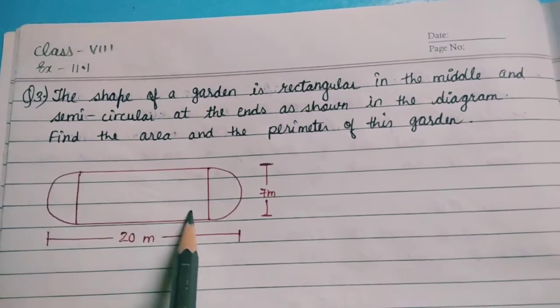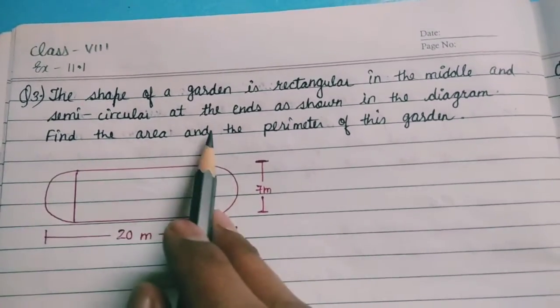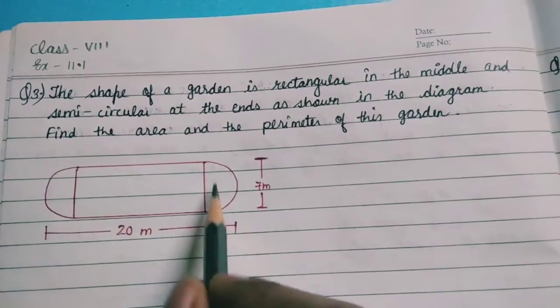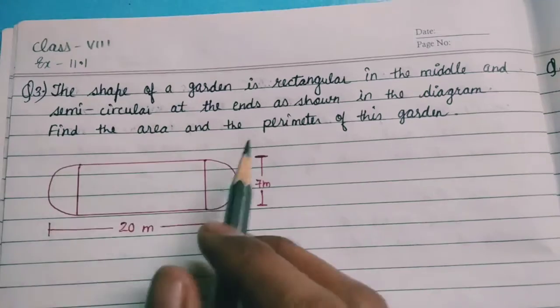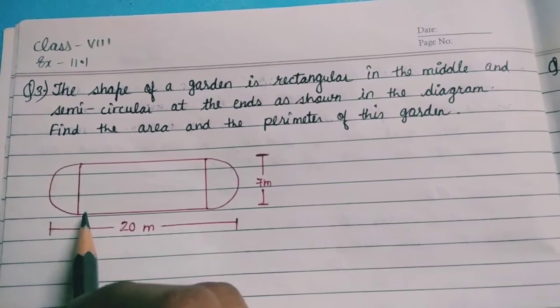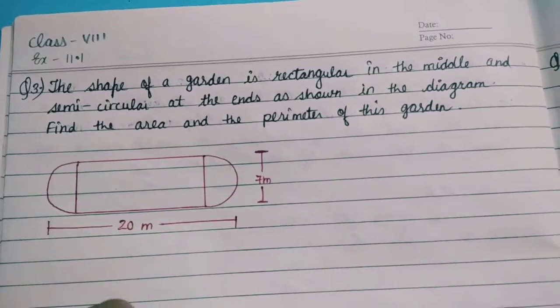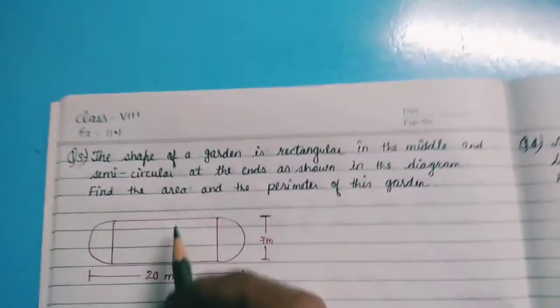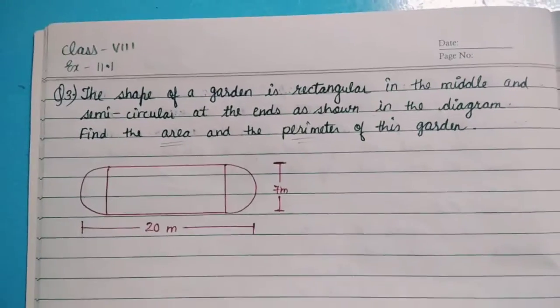In the middle we have a rectangle and semicircles at the ends, as shown in the diagram. Find the area and the perimeter of this garden. We need to find the area and perimeter of this garden.